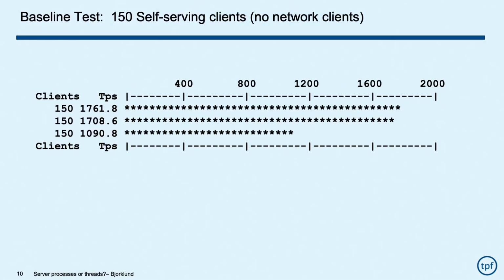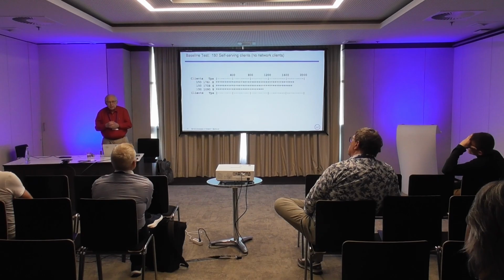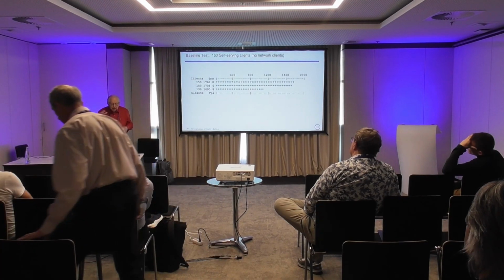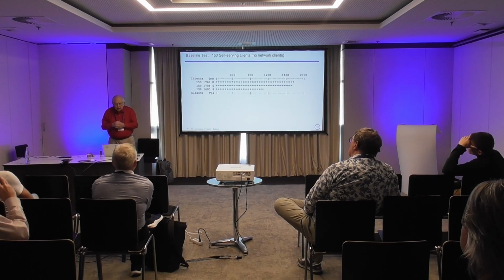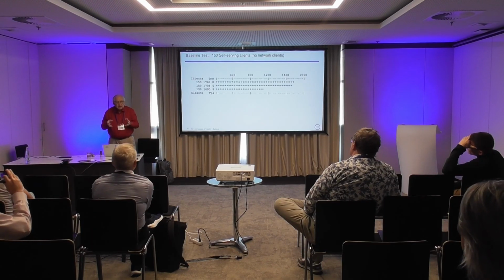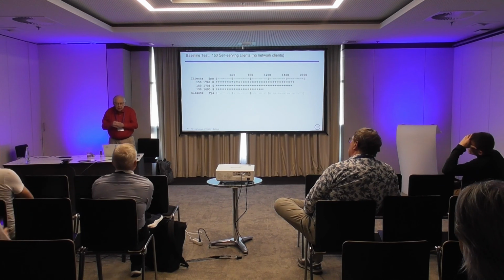The baseline test that we did was on the server, running with self-serving clients to see how fast that goes. Here are the results. All of these tests run multiple times, so if we get weird results for some reason, or if the results are not consistent, we can see that.